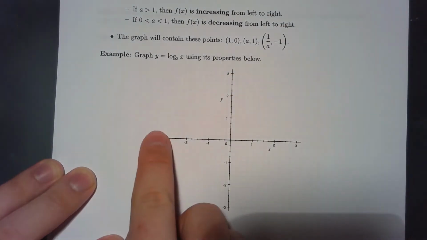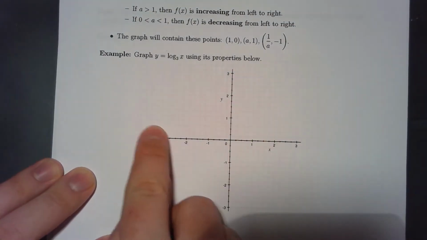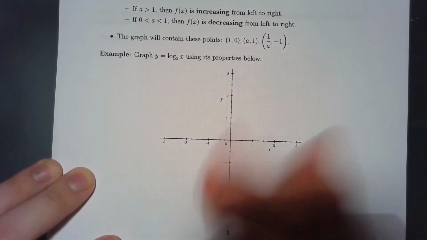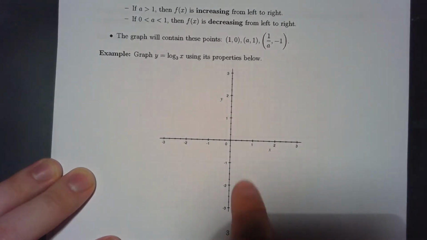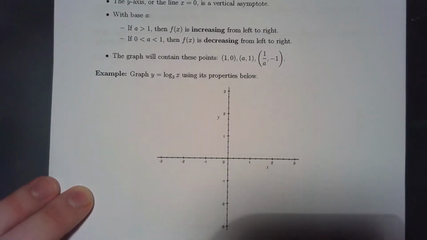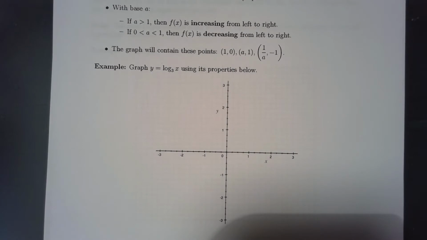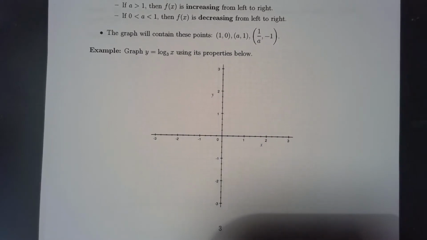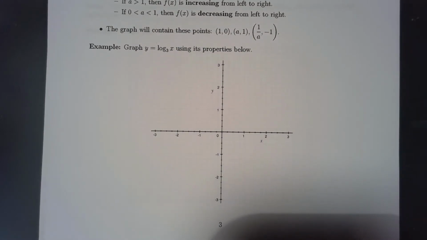You could look at the exponential function, which does something like that, and if you reflect that about the line y equals x, you're going to get a logarithm. We looked at that when we looked at the relationship between inverse functions and their original functions.